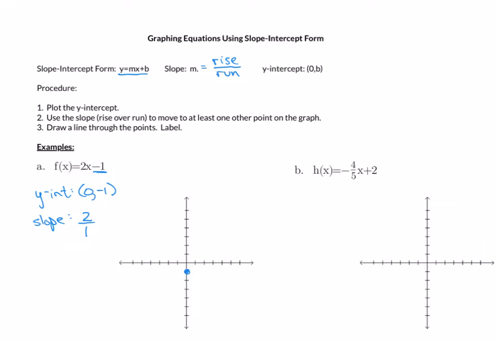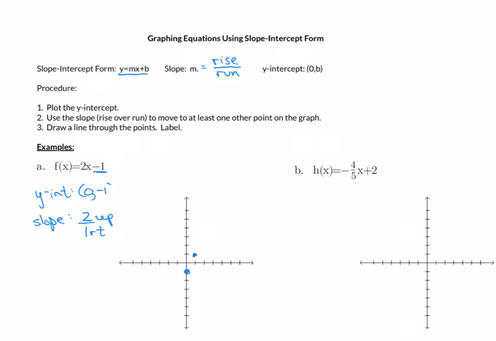So in order to move according to our slope, we're going to start at our y-intercept. I want to go 2 up and 1 right. We're moving in the positive directions. So starting from here, we're going to go up 2, and we're going to go 1 to the right. So we should end up right here.